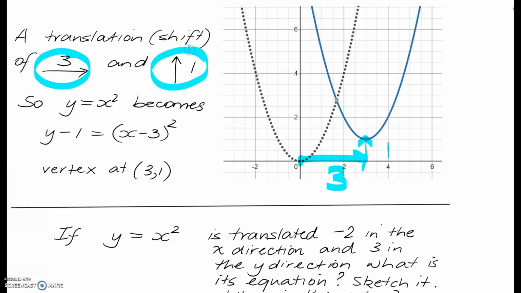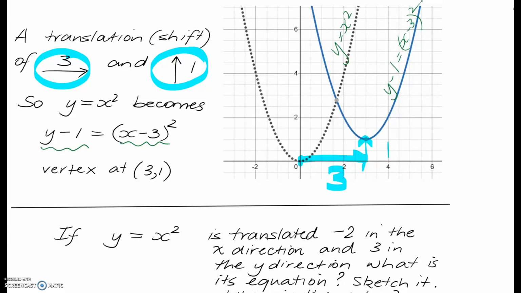So can you see that I've got a shift in the x direction of 3 and a shift in the y direction of 1. So this y equals x squared here now has a shift on the y and a shift on the x.